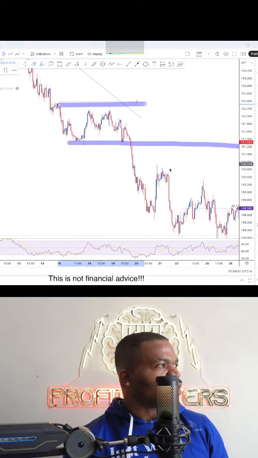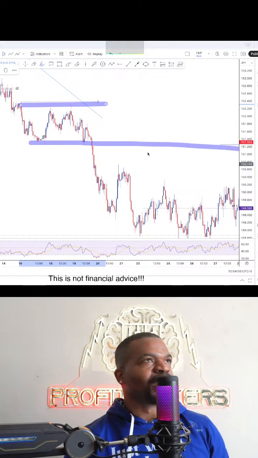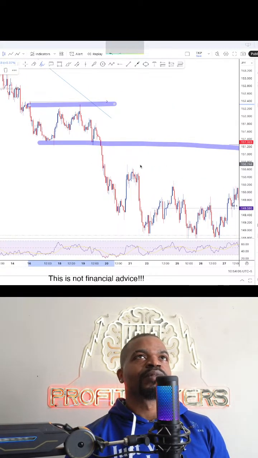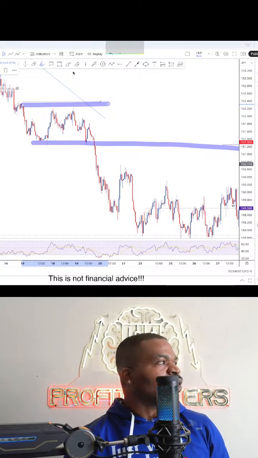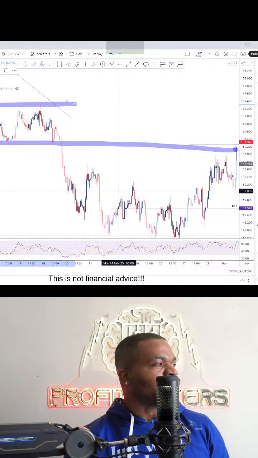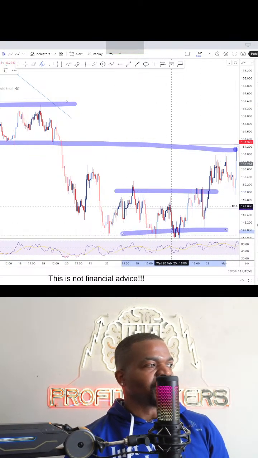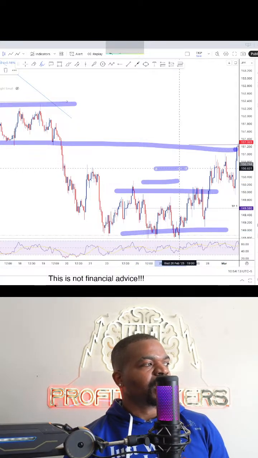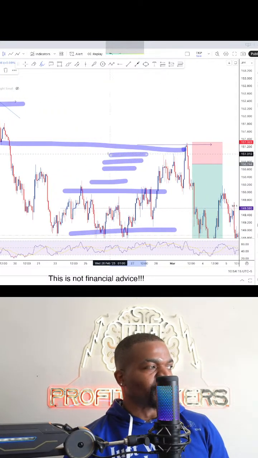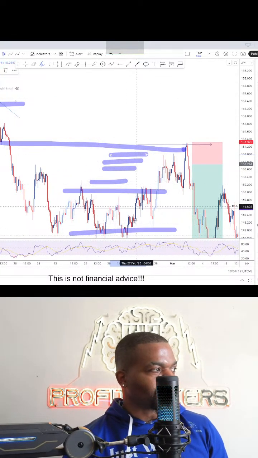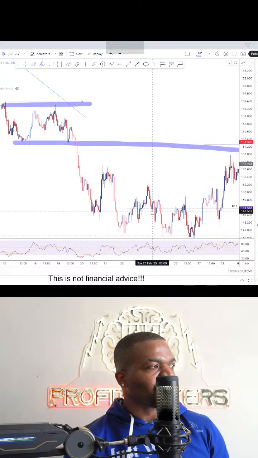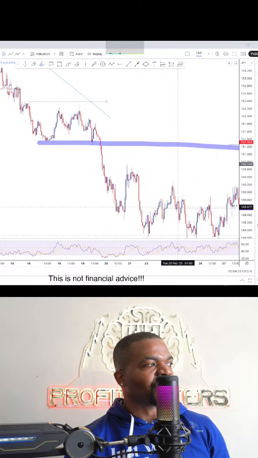All right, so right here with USD JPY, again, we have range right here. And right here at the lows where you see this area range, all of those stop losses are above that level. So what did the market do? It traded, let me delete this stuff first.